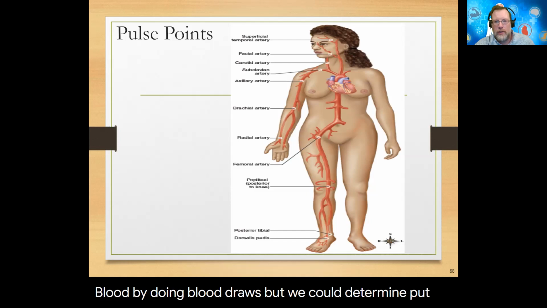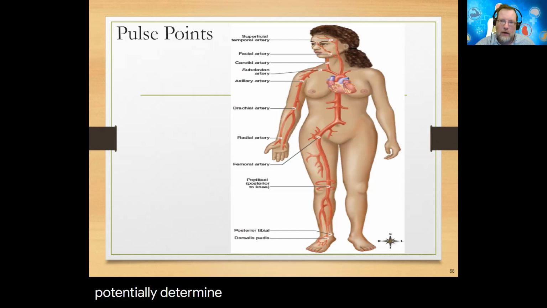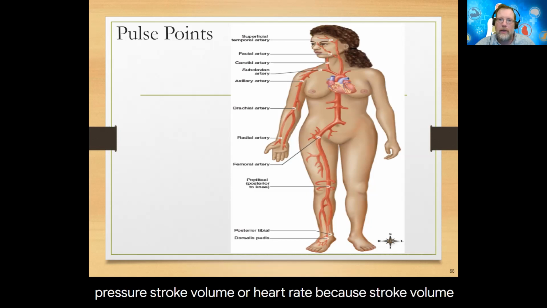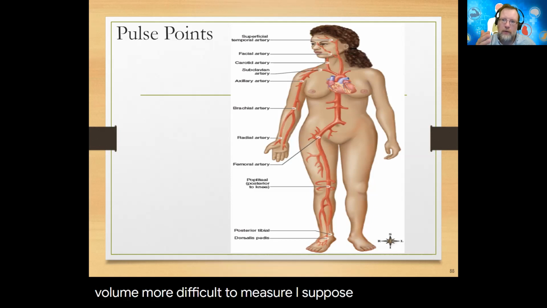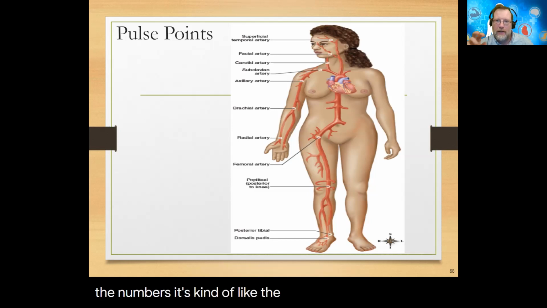We could potentially determine cardiac output based on blood pressure, stroke volume, or heart rate. Because stroke volume is more difficult to measure, I suppose, without having the numbers. It's kind of like the X factor, but you can solve for X when you know blood pressure, when you know heart rate.